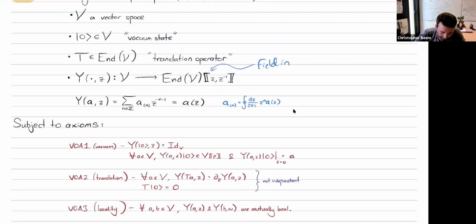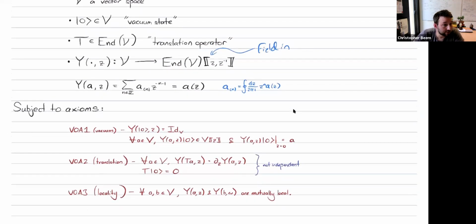And there's a slightly different convention for moding than what I wrote before for a general field. When you write out the Z expansion of an element of the fields that you get from this state operator map, you write it this way. So A_n comes along with Z to the minus n minus 1, and that's built so that A_n is the thing that you get by doing a formal residue integral with a power of Z to the n.